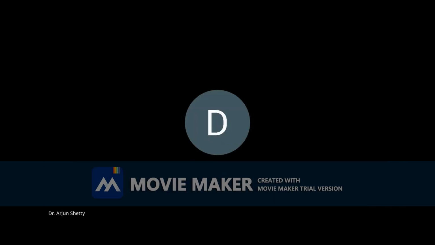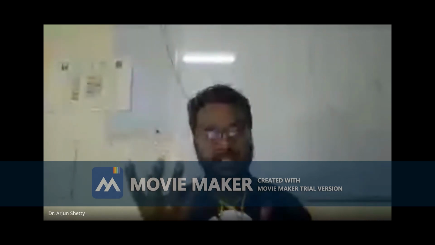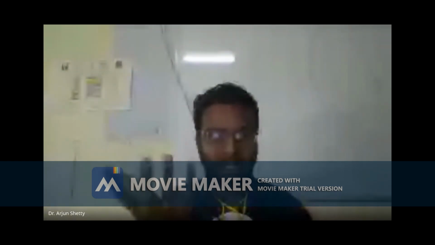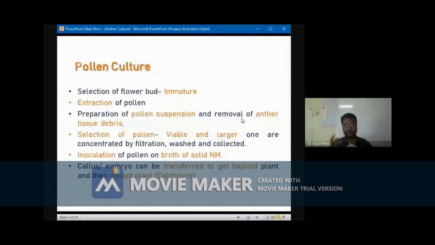and those pollen grains have to be taken in a suspension, in a liquid form, usually containing the pollen retaining medium. The pollen grains may look like dusty particles, but for their viability and for further studies, they need to be maintained in a suspension, which usually contains a carbon source liquid medium.